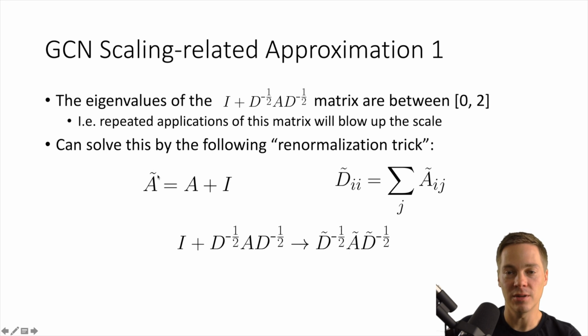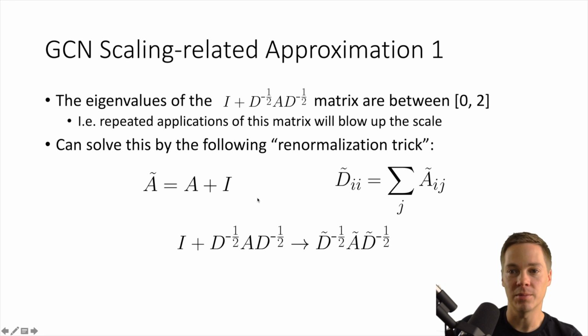And once they've created this modified version of the adjacency matrix, they can, of course, normalize it by creating this modified version of the degree matrix, which is identical to the previous one, except for now these self-connections are added in, which means that this is identical to the regular degree matrix, except for +1 is added to each of the elements.